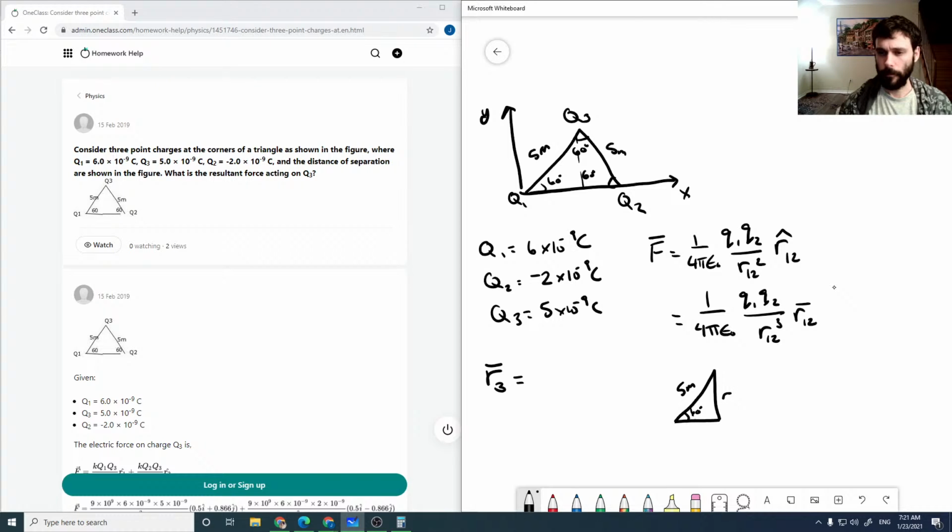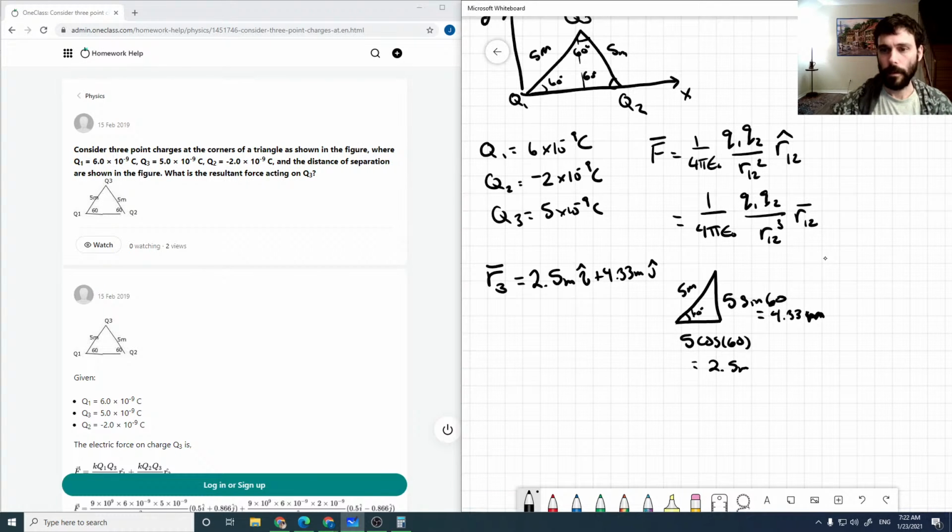So this is 5 sine 60, and this is 5 cos 60. 5 sine 60 is 4.33 centimeters. So I did everything in centimeters, but it's all in meters. Okay, I'm just going to have to convert, and this is 2.5 meters. So our R3 here is 2.5 meters in the i hat, so the x direction, plus 4.33 meters in the j hat direction.